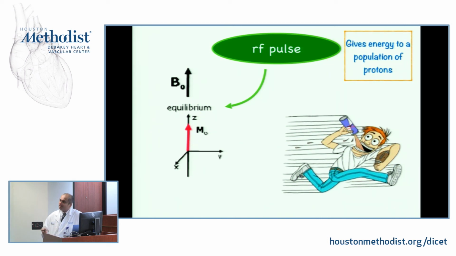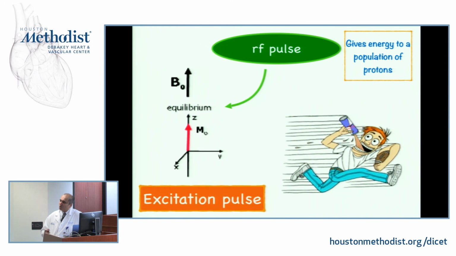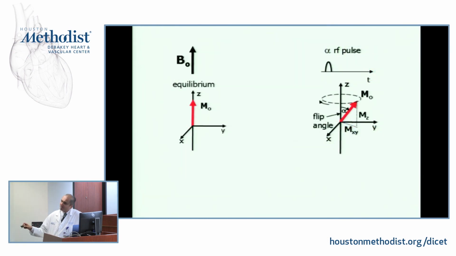So it's a higher energy state that it goes to as it absorbs this energy. So basically what we're sending in is a radio frequency excitation pulse, which then flips the magnetization, and you could do a full 90-degree flip, in which case you take the protons from spinning in the upright direction to spinning in the horizontal or the transverse plane, or you could do a less than 90-degree flip, in which case some of your magnetization goes into the transverse plane, but some of the magnetization is retained within what we call the longitudinal plane, or the z-axis.